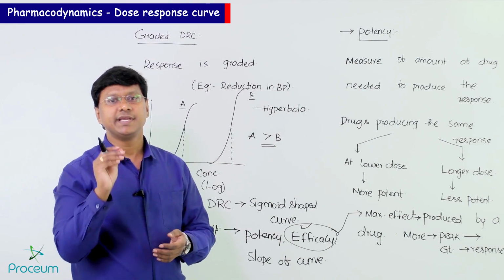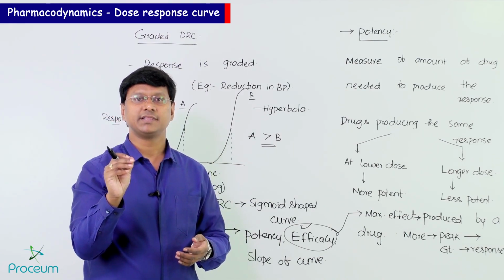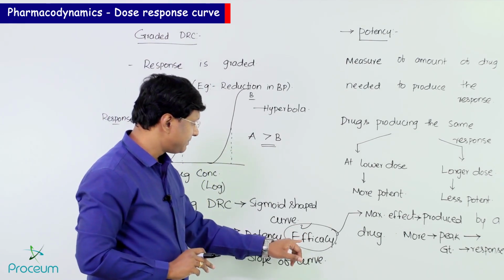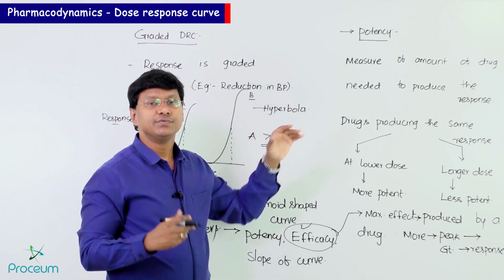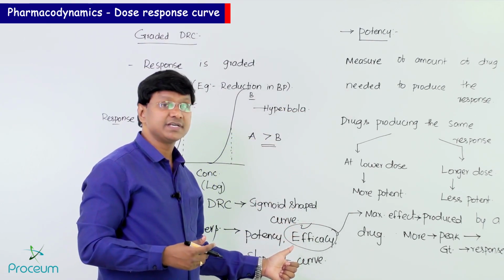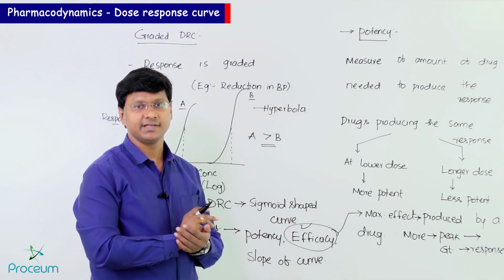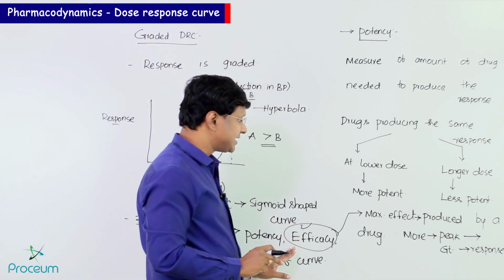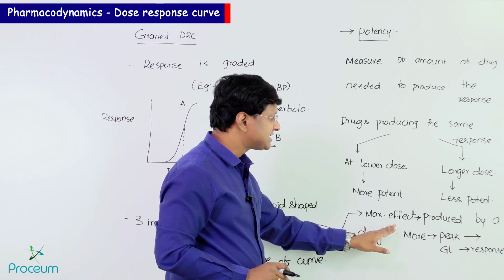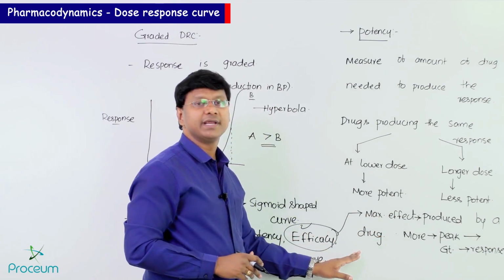Now remember, it is clinically more important than potency. If you compare efficacy and potency, which is more important? The efficacy is more important than the potency. What does the efficacy tell you? It is the maximum effect produced by a drug.